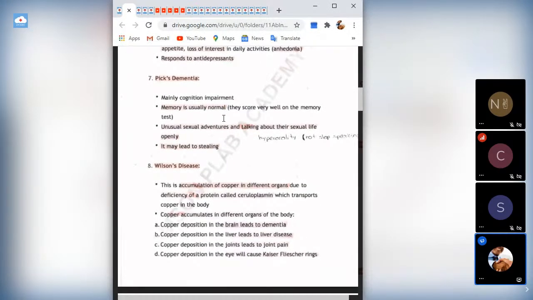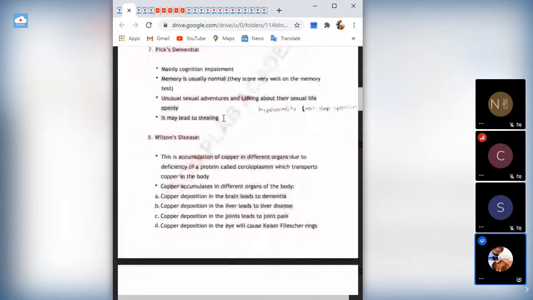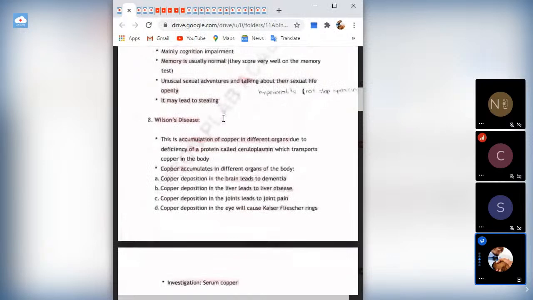All right. Wilson's disease, also known as hepatolenticular degeneration, is where there's excessive accumulation of copper as a result of the lack of the protein ceruloplasmin, which is supposed to help in the transportation of copper. So there will be an abnormal accumulation of copper in tissues like the lens of the eyes, the brain, and of course the liver.